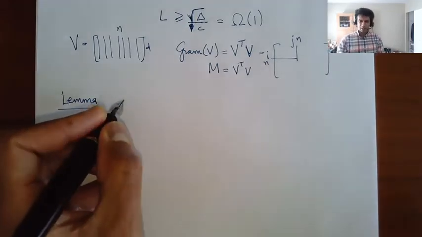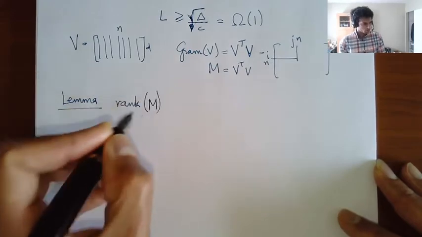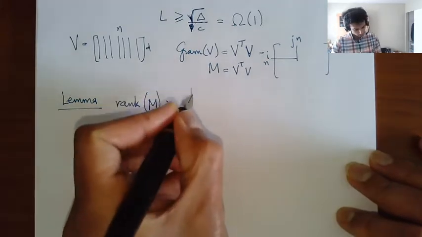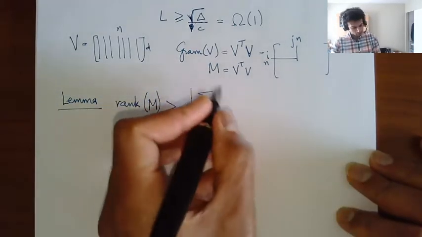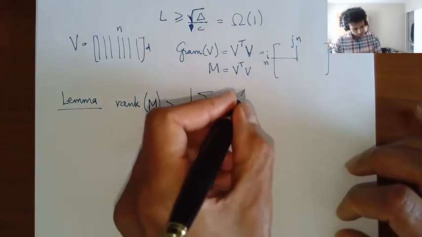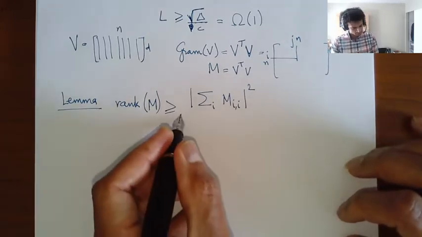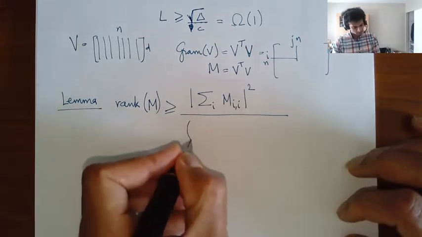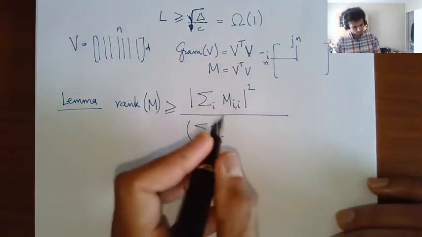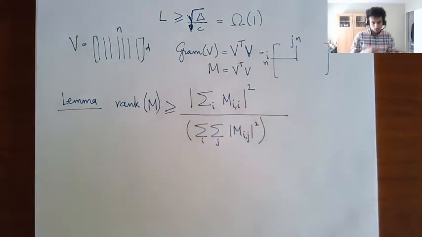The lemma says that the rank of M is greater than or equal to the following. First I sum over all the diagonal entries and square it, divided by the Frobenius norm of the matrix in the denominator.